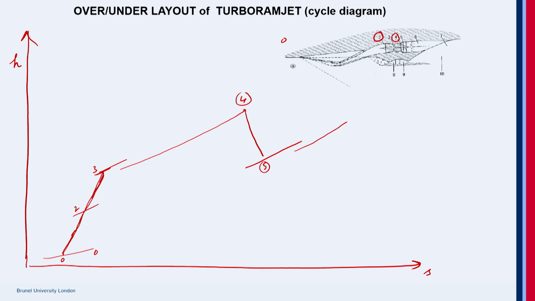Thereafter you have the afterburner, which is 6, and then expansion in the nozzle, 7. Now you can see this is where we started in the very first lecture, a simple turbojet with an afterburner.